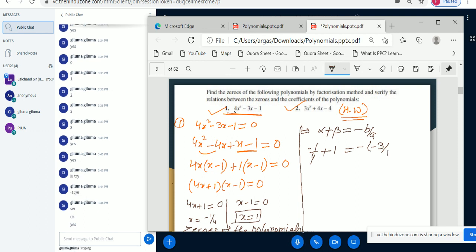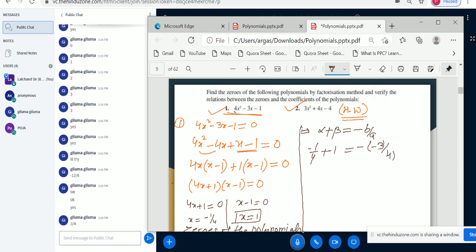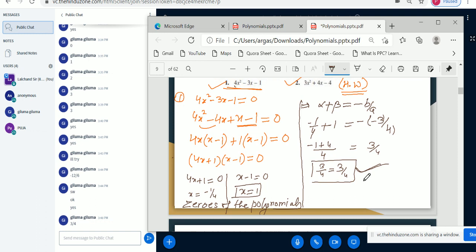What is the value of a? 4. If I add these two terms, taking the LCM as 4, minus 1 plus 4 over 4, that is equal to 3 by 4. So the left hand side is 3 by 4 and the right hand side is also 3 by 4. So the first relation, the sum of zeros, is verified.